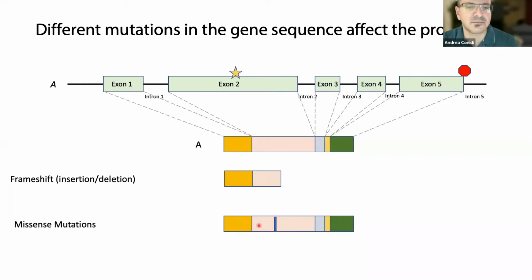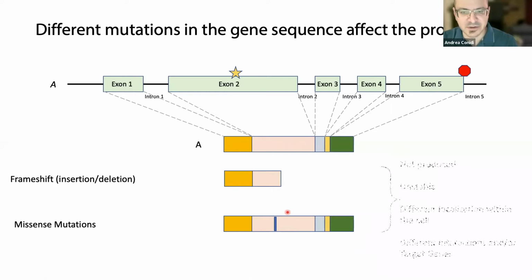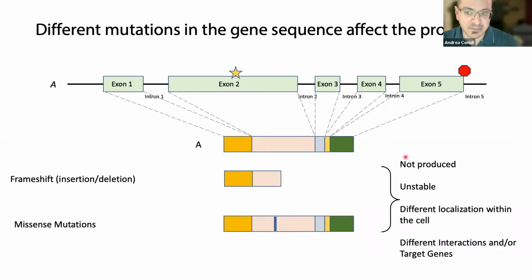So there will be something here that can be important, can be not important to the function of the protein. What's the net result? The protein can be not produced at all, can be unstable, can have a different localization within the cell, and also can have a different interaction, or can regulate different target genes.